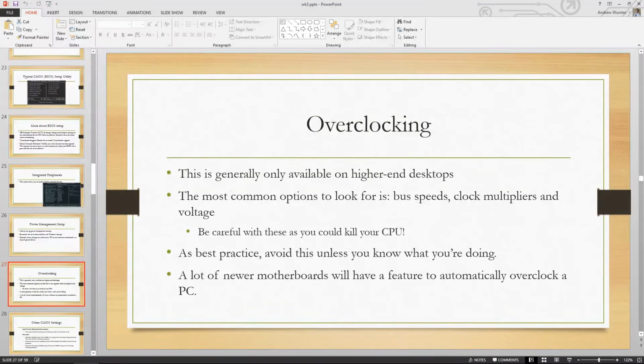Alright. Overclocking. It might be available in the BIOS, but it doesn't mean you can actually do it. You have to have some high-end hardware for this to even really be worth considering.